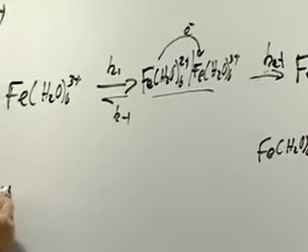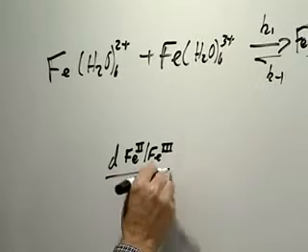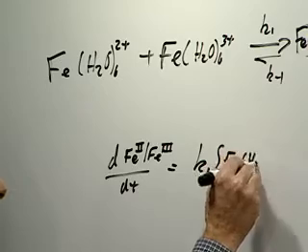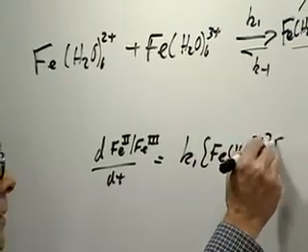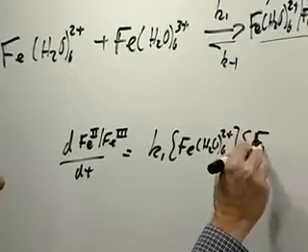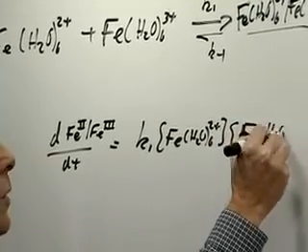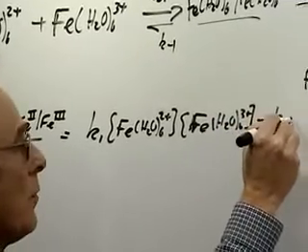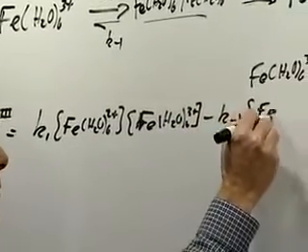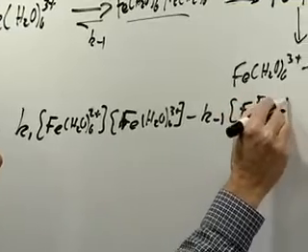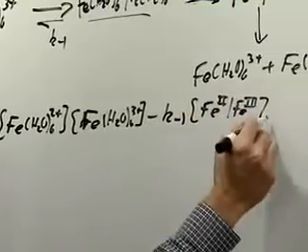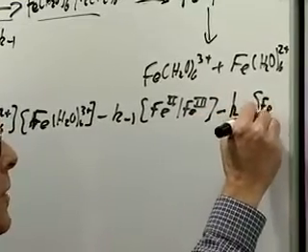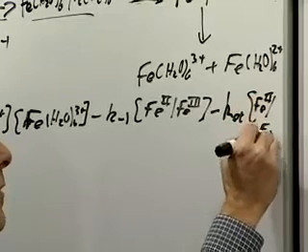So d[Fe2Fe3]/dt is going to be k1 times [Fe(H2O)6 2+][Fe(H2O)6 3+] minus k minus 1 times [Fe2Fe3] minus kET times [Fe2Fe3].